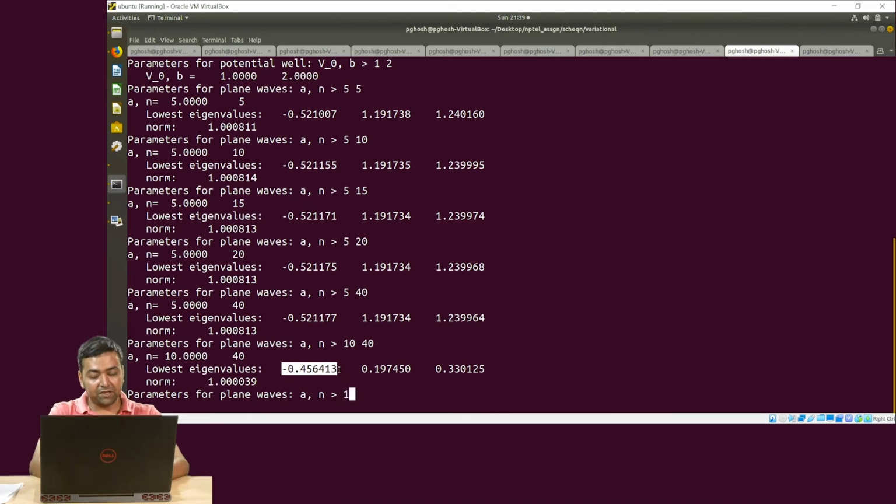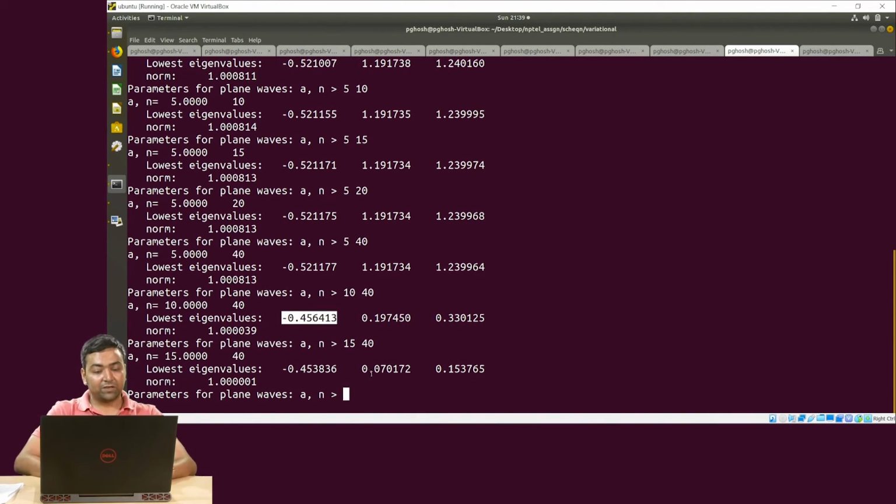Now, if I change A further to 15, we will see that the energy goes higher. From -0.456413, it goes to -0.453836. If I go to a larger value, it will go even higher.